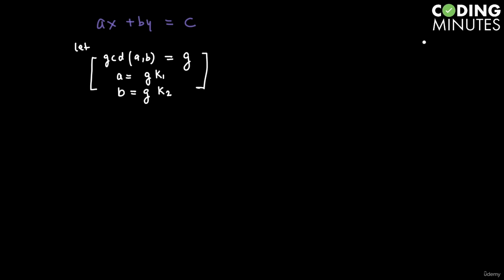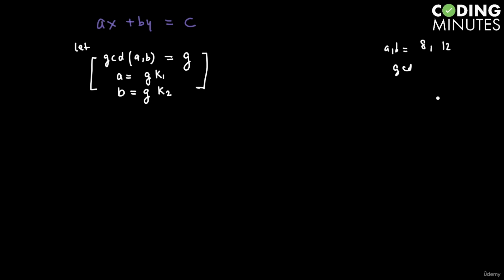For example, if 8 and 12 are the values of a and b, then the GCD is 4, and a can be written as 4 into 2 and b can be written as 4 into 3. So that is what we are saying here.